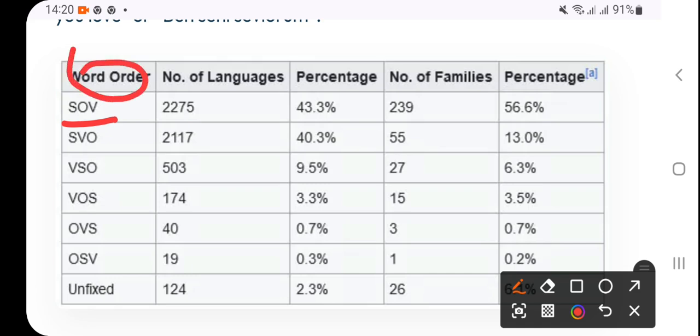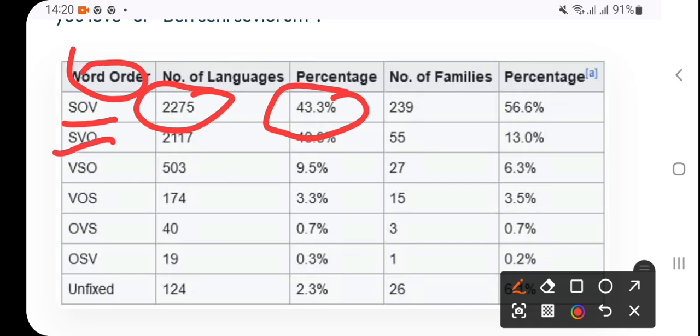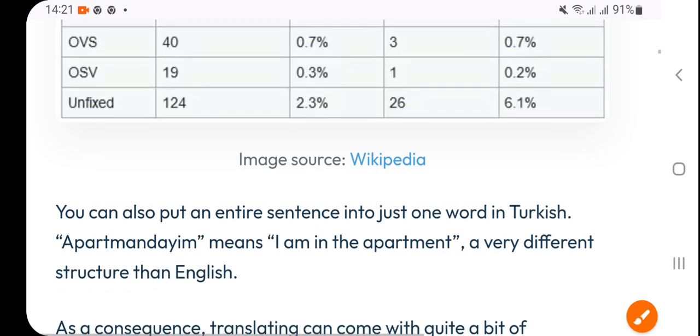So this many languages follow this order, this much percent. Then some of the languages follow verb, subject, object, then object, verb, subject, then object, subject, verb. This is the order, right? So this way the language varies.